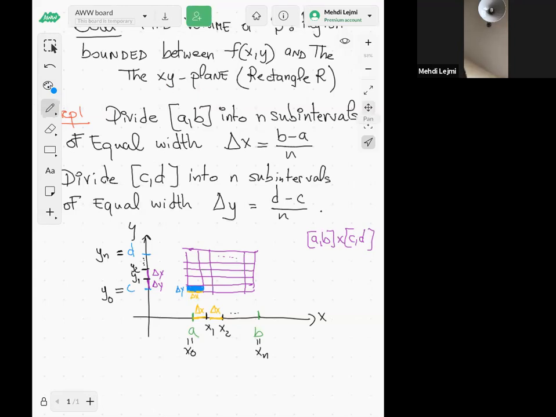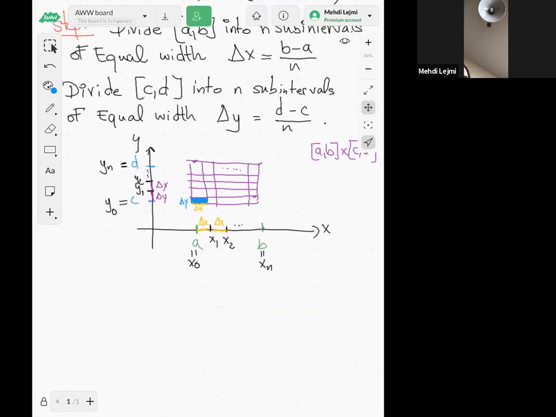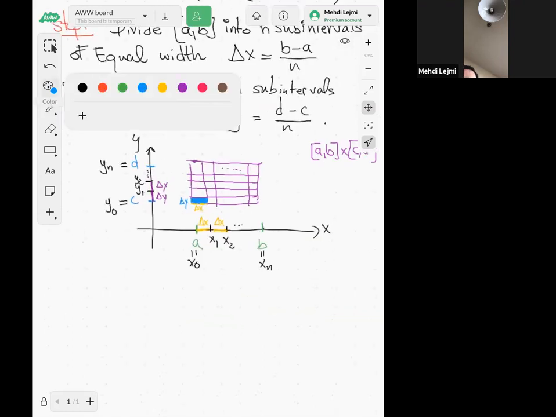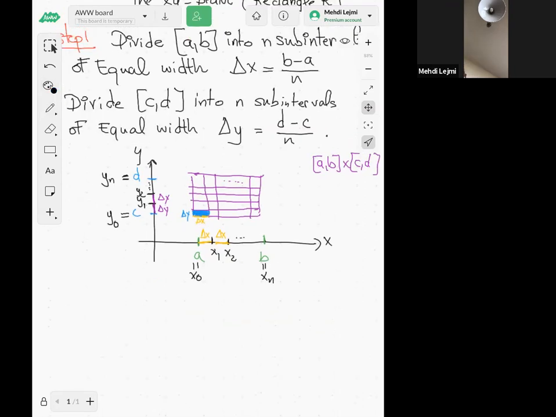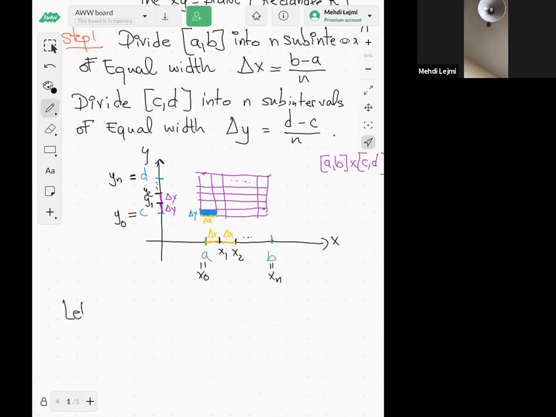Let's call these smaller rectangles R subscript ij. Let R subscript ij equal the interval x subscript i minus 1, xi, cross the subinterval y subscript j minus 1, yj.